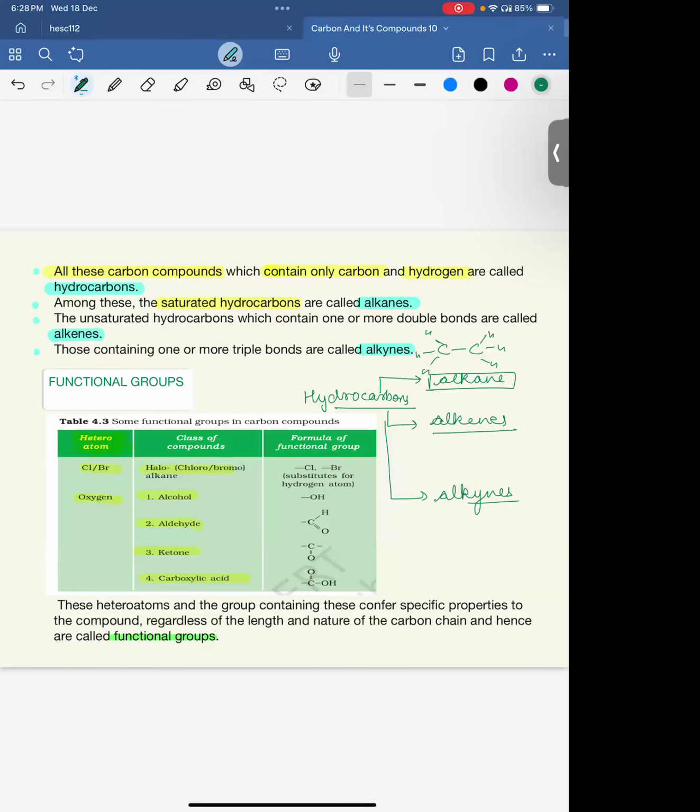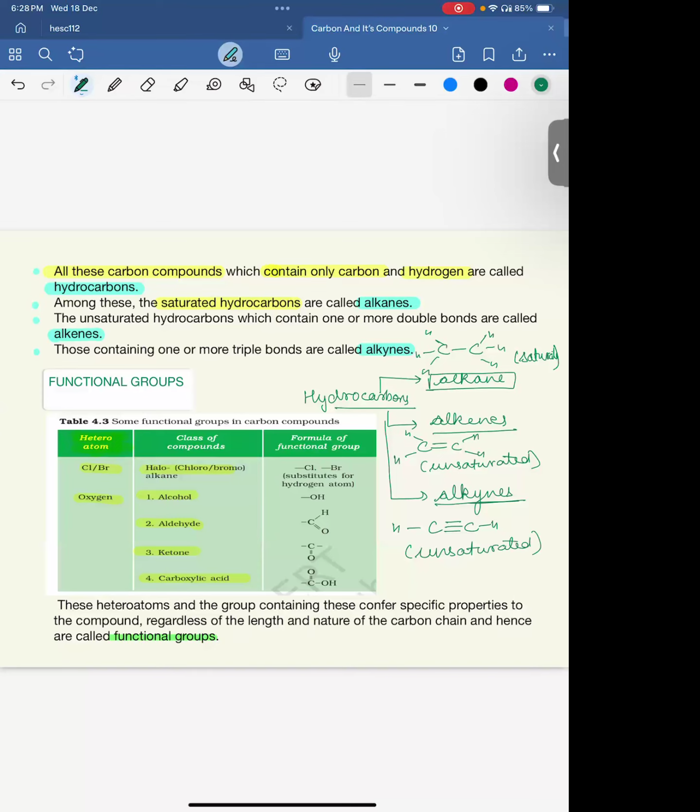Alkanes are saturated. Alkenes contain double bonds. The double bonds can be of any number. This is unsaturated. And alkynes when there is a triple bond. This is also unsaturated.